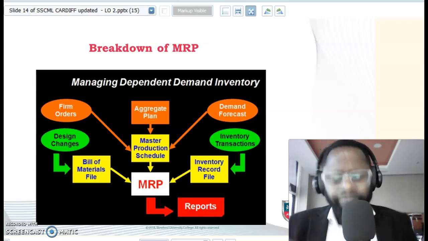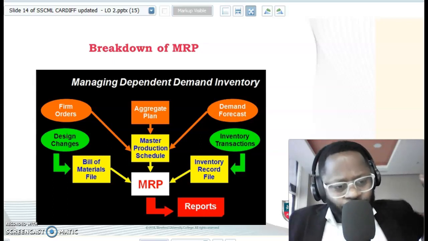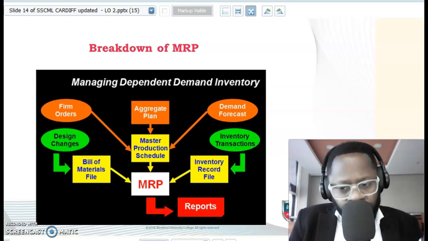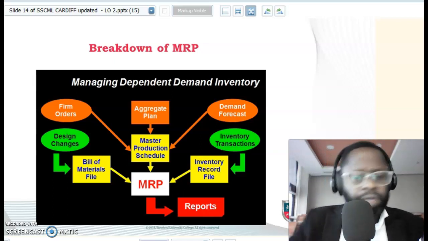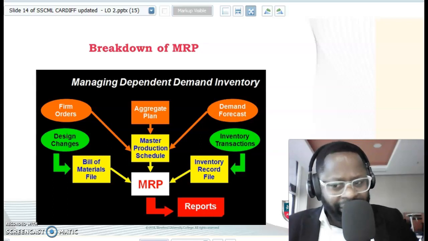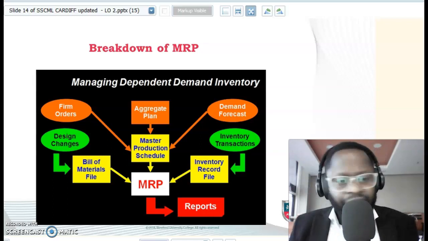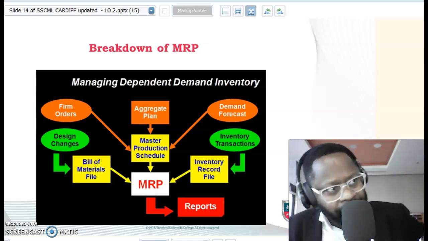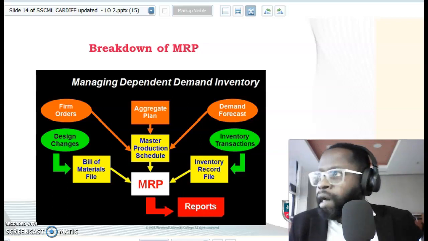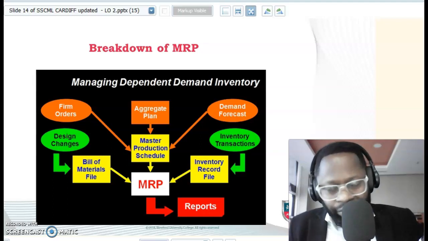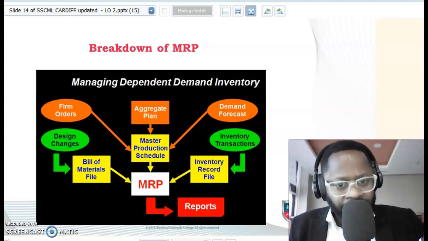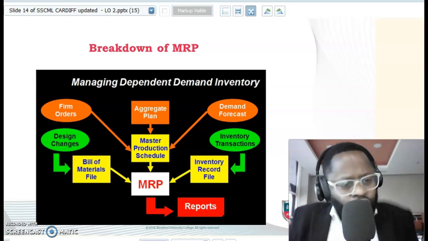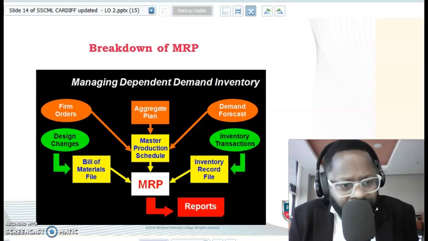The software will know at any given time what rivets are available, what spares are due to come in next week, what spares are available on hand to assemble the 5 bicycles or the 5 engines today or tomorrow or whenever. So your inventory file is important.